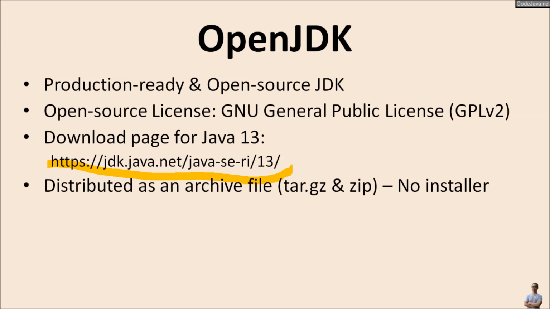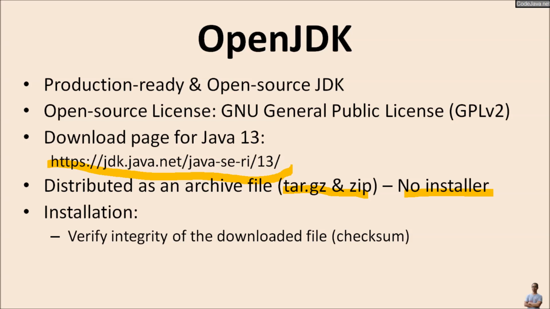And note that OpenJDK 13 is distributed as an archive file in the format tar.gz or zip. No installer program for OpenJDK. And after downloading the file, we need to verify the integrity of the downloaded file.